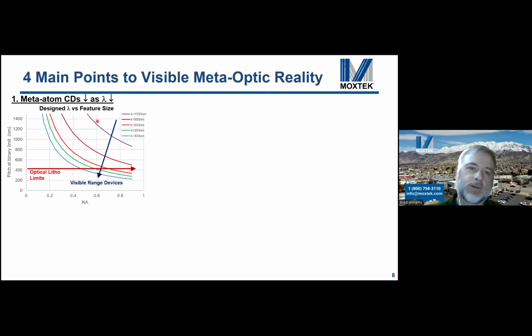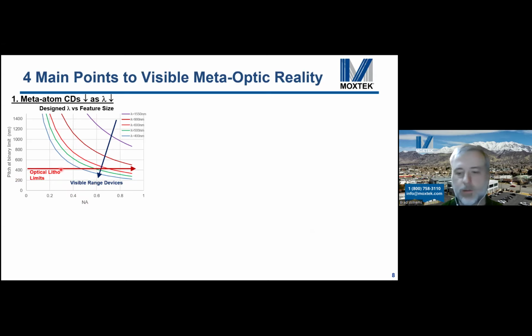You can see these different curves: this is near IR, and as you're coming down here, these curves in here, you're getting into the visible. To get into the visible, you've got to get down here to pretty small pitches and pretty small structures to be able to make these optics. Right around this level is about where you're going to run into your limit for typical semiconductor optical litho systems.